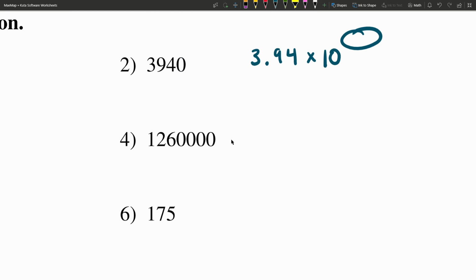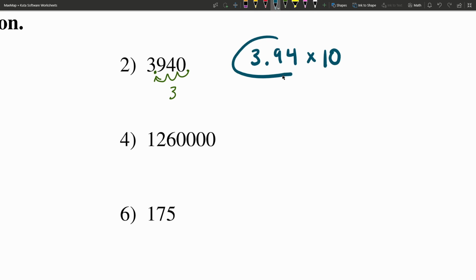Think about it. If we have 3.94, moving that decimal place here, how many times do we have to move the original decimal? 1, 2, 3 separate times. So we know this power is either going to be a +3 or it's going to be a -3. So is it a +3 or a -3?